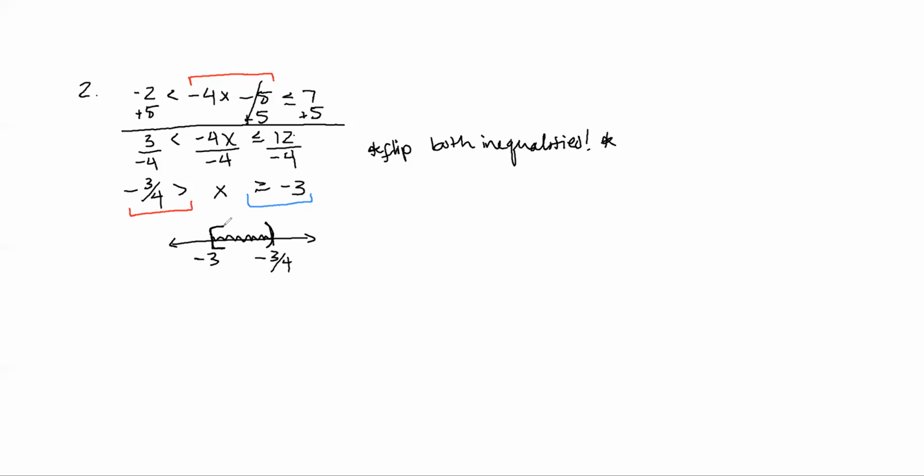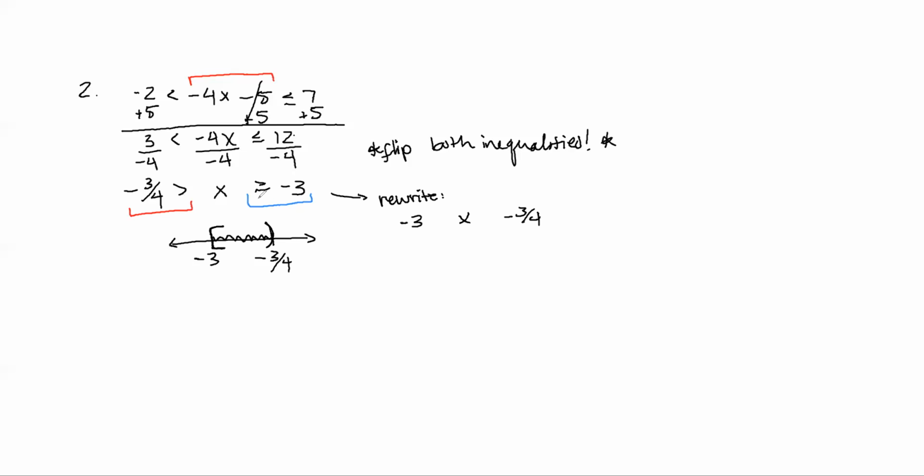The other way to see this one, if we were to rewrite this, which you don't have to do, just make sure you flip these numbers around. We can flip this entire thing. We can put the -3 on the left, keep the x in the middle, and the -3/4 on the right. If you flip the entire thing around, you do have to move these inequalities.